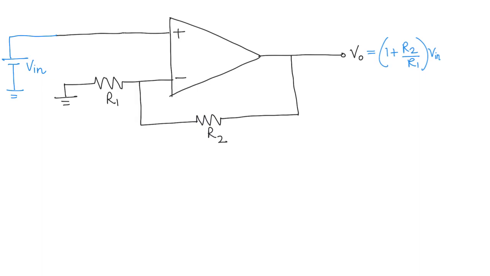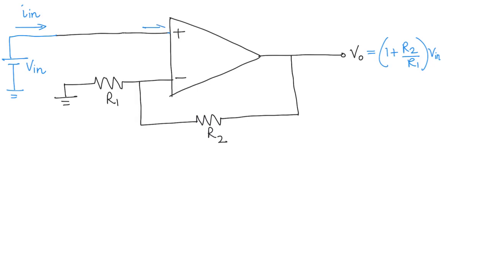So what we are asking is, what is the input current going to be? Now, if you remember, one of our assumptions for the ideal op-amp model was that the current that flows into the input terminal is going to be zero, right?